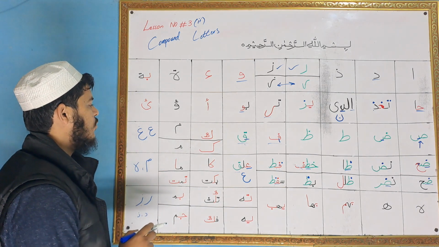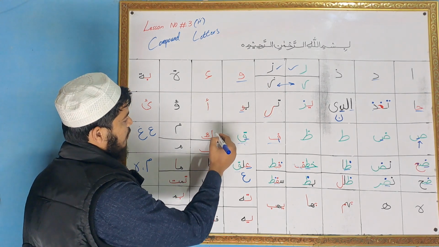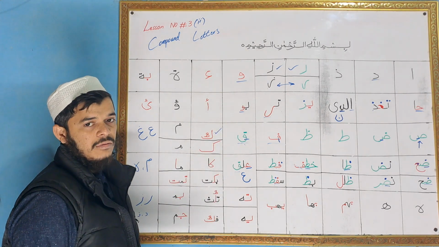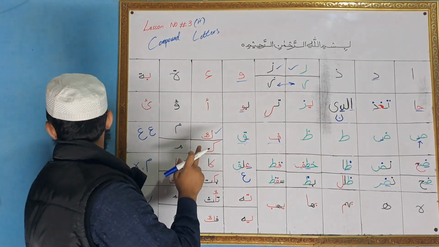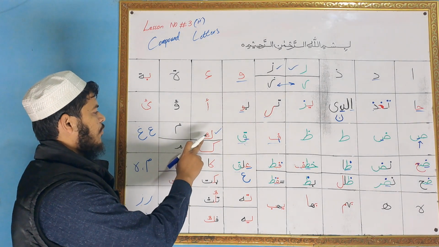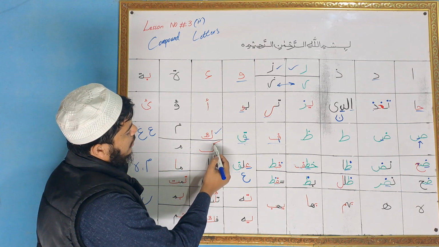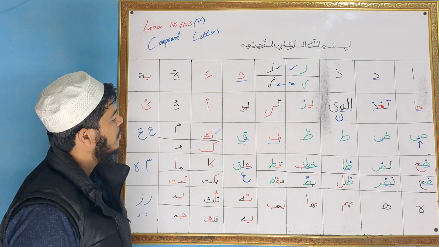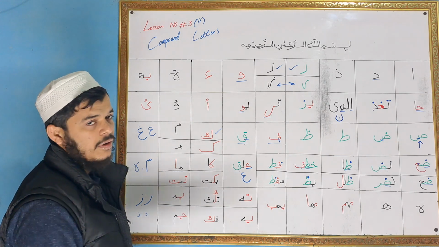Now we move to the letter Kaf. We have learned this shape in the alphabets, and if you remove it and place a line connected there, this inclined line, we recognize it as another shape of Kaf.